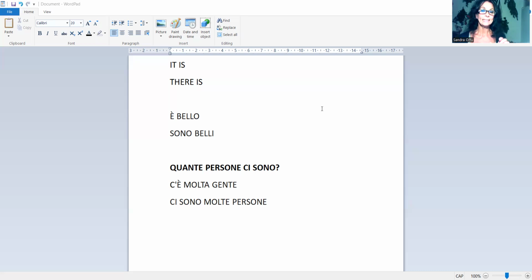So if you want to say it is nice, it is beautiful, you say è bello. C'è instead, which we have here, c'è means there is. And that's why we have the "there is" here. So c'è is there is. It's made up of ci and the verb è with an accent. We drop the letter E, the Italian letter E, which is the I in English, put an apostrophe.